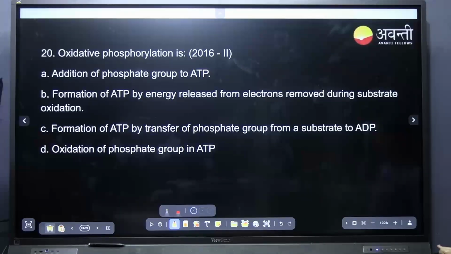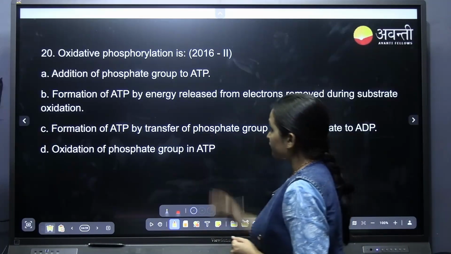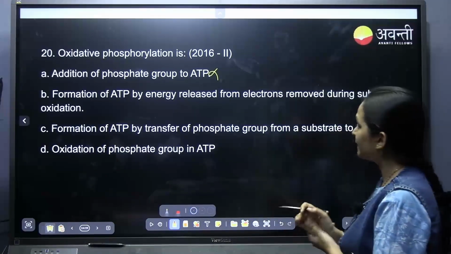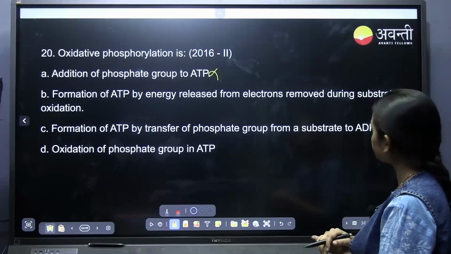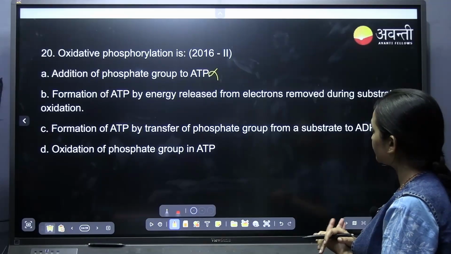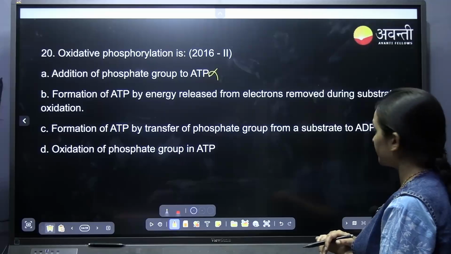Oxidative phosphorylation is addition of phosphate group to ATP? No. The formation of ATP by energy released from electrons removed during the substrate oxidation? Yes. The formation of ATP by transfer of phosphate group from the substrate to ADP?